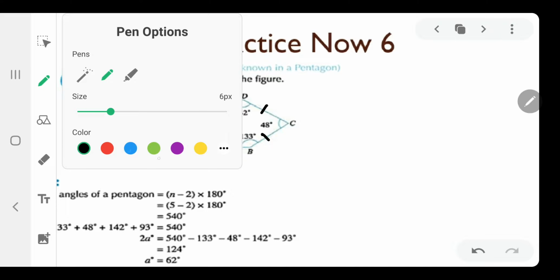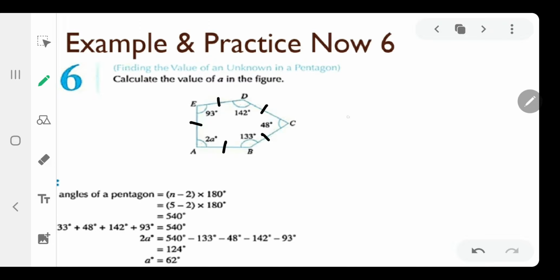So I use the same formula to find out the sum of interior angle of this diagram, which is known as pentagon. The formula is (n minus 2) multiplied by 180 degree, right?